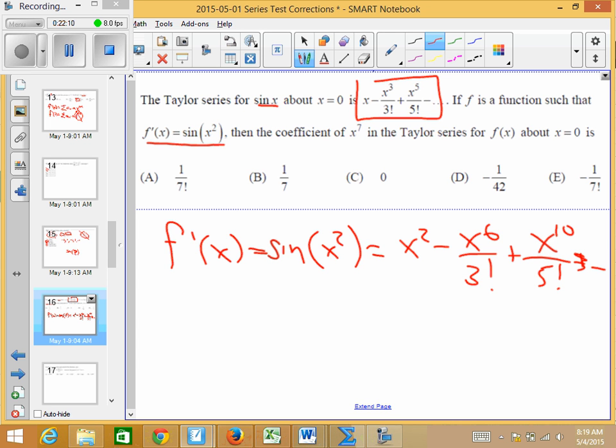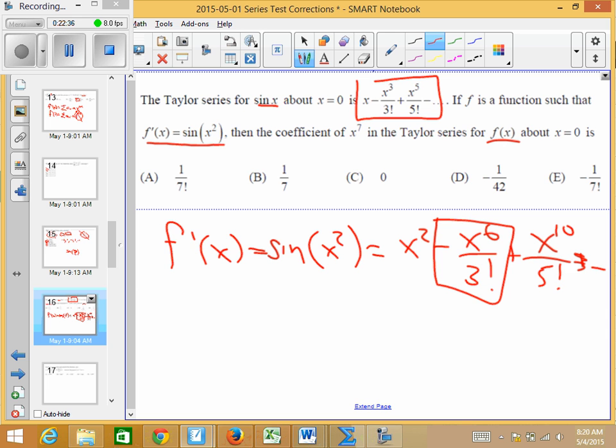They want the coefficient of x to the 7 to be the anti-derivative of this polynomial.